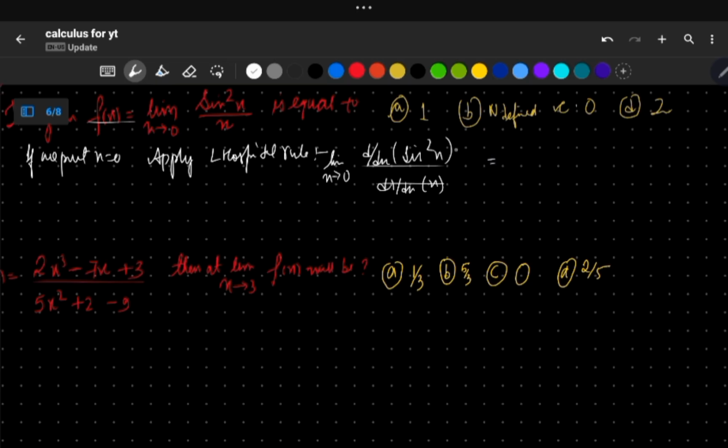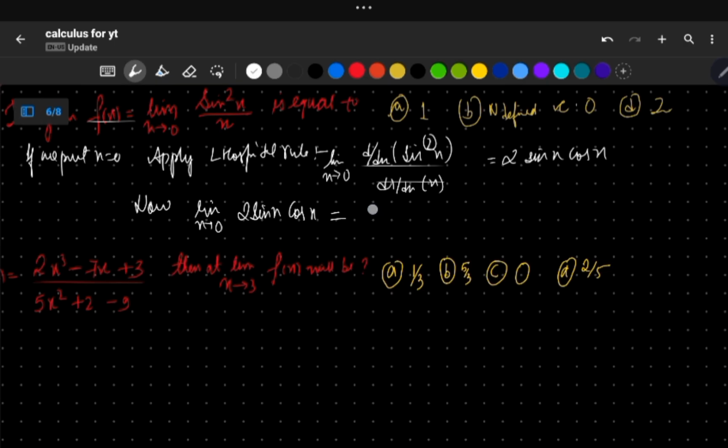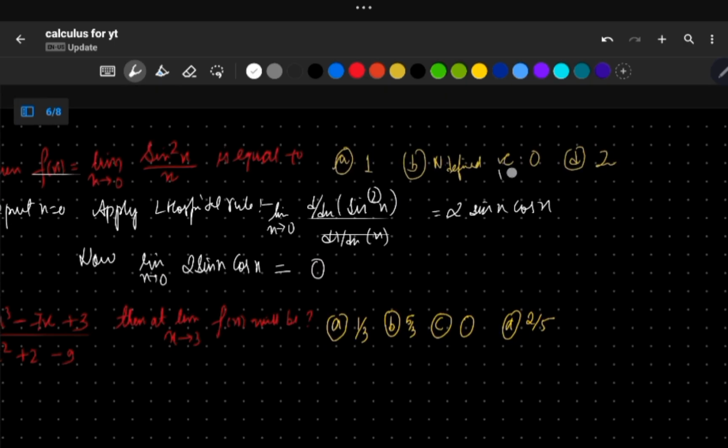The 2 comes forward, and the derivative of sine x is cos x. So it becomes 2 sin x cos x. Now limit x tends to 0 of 2 sin x cos x, if we put sin 0 and cos 0, it becomes 0. So the answer will be 0.